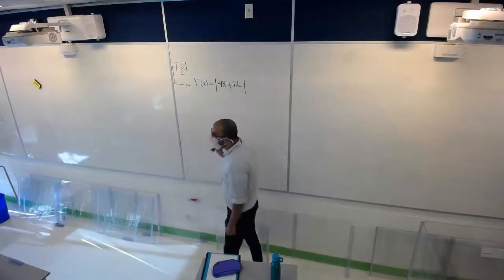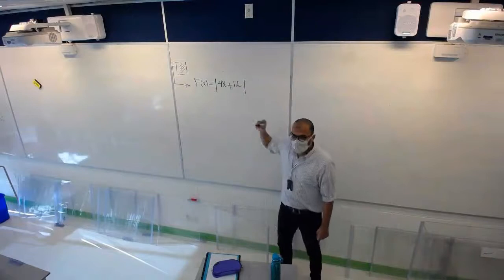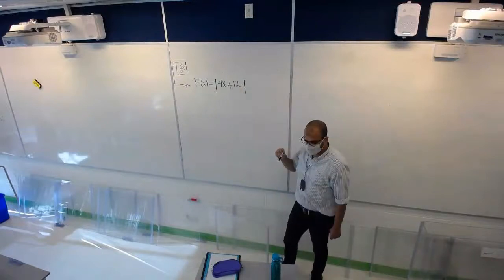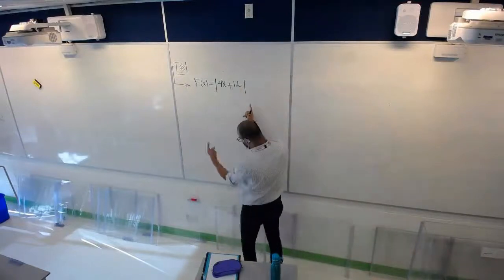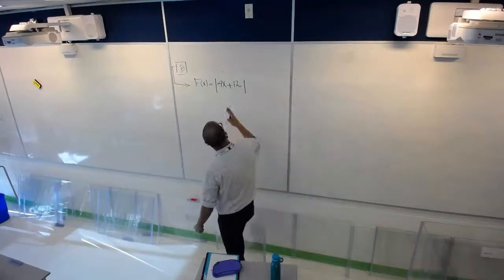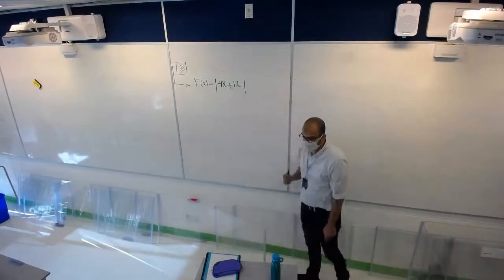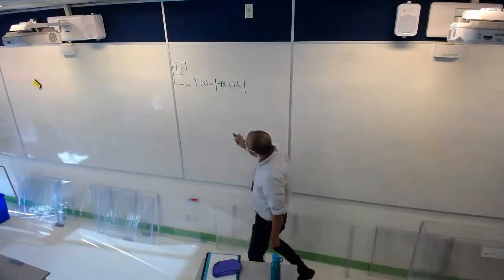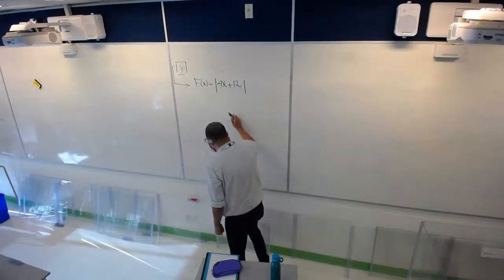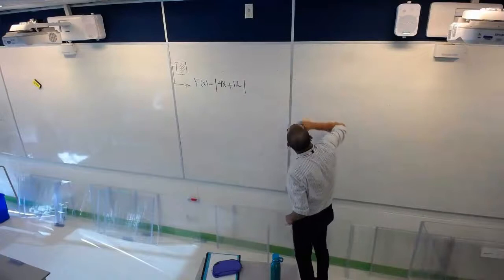I put this function, before we put it under the umbrella, now inside 2 parallel lines, and we are going to work with this function. What's that called? This is called the absolute value function. I'm going to write it like this.